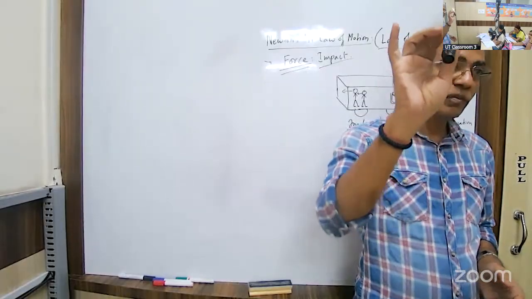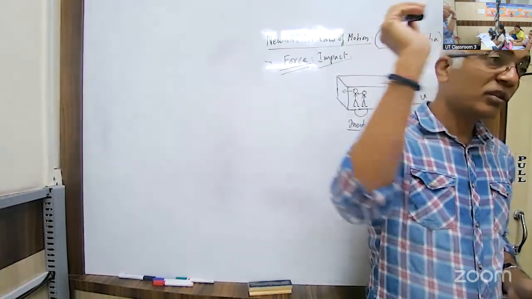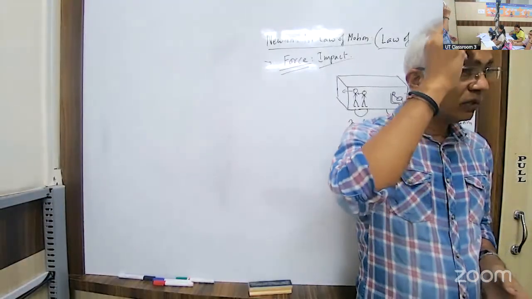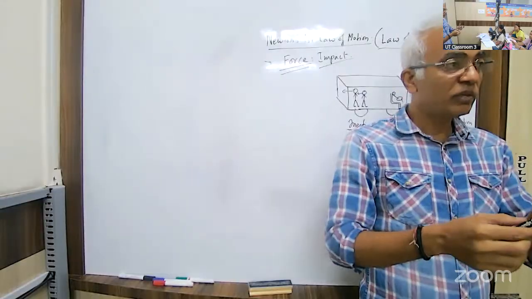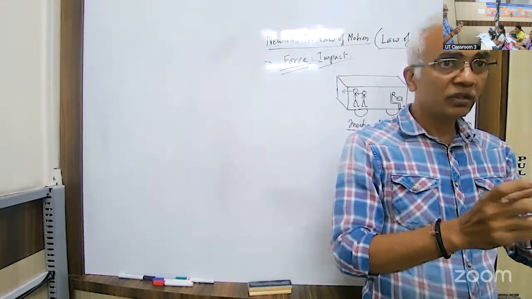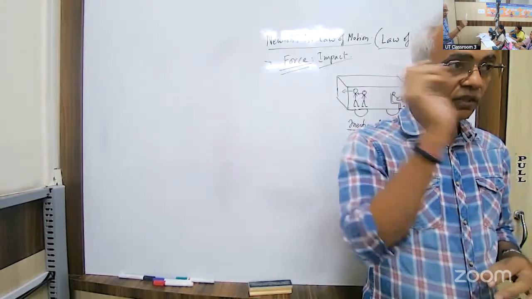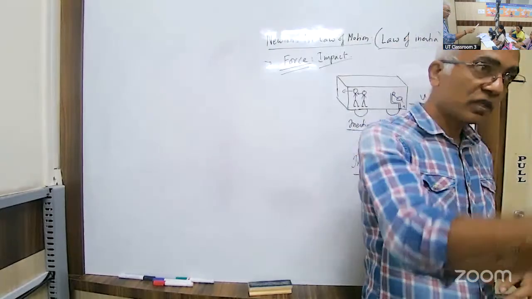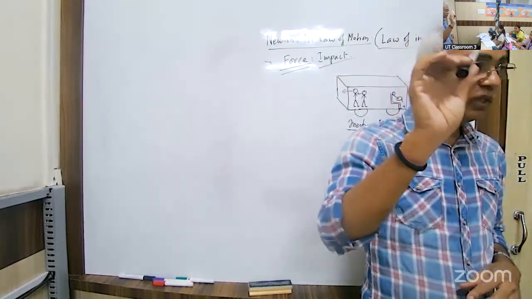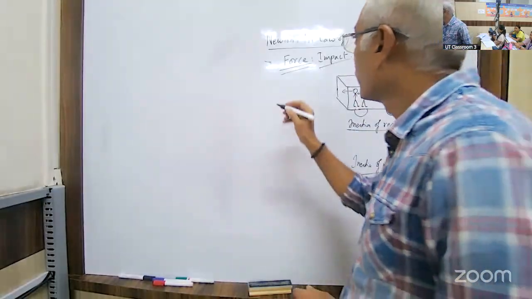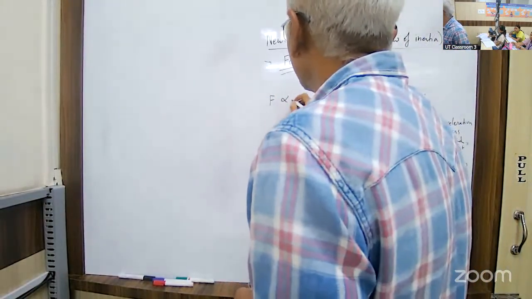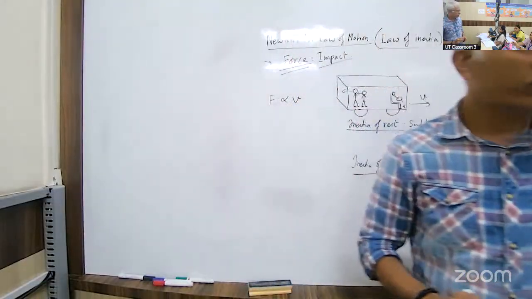Same object, same mass, I throw at a greater speed. Will the hurt be more? Impact will be more, right? So impact depends on speed, or velocity. That is, force depends on velocity.